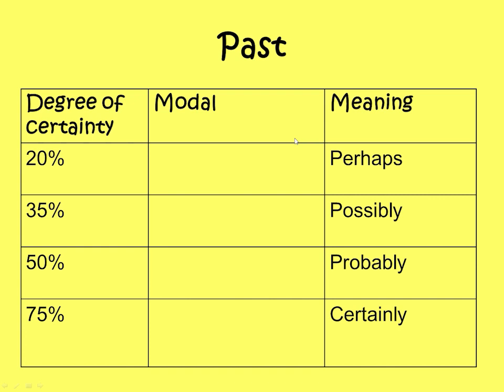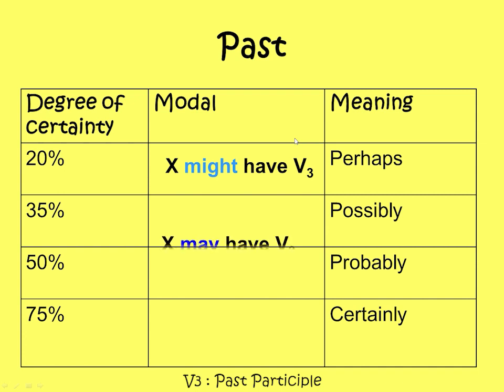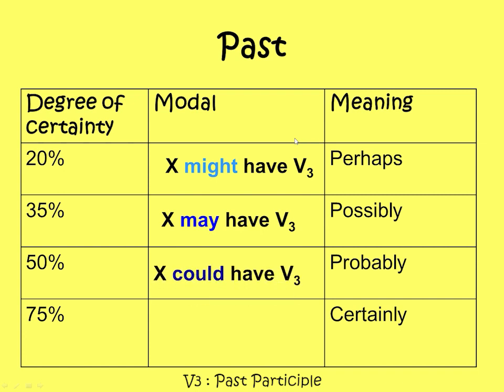If it is very, very probable, you say might have plus V3, the past participle of the verb. If it is a bit more probable than that, you say may have plus V3, the past participle. A bit stronger in the expression of probability, could have plus past participle.